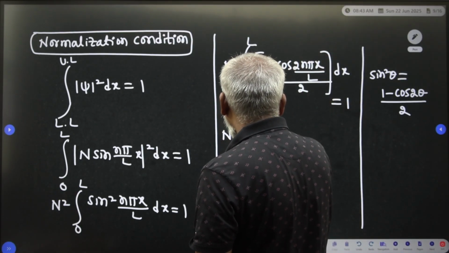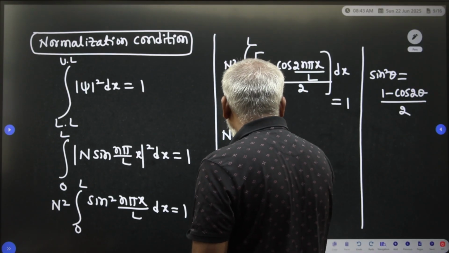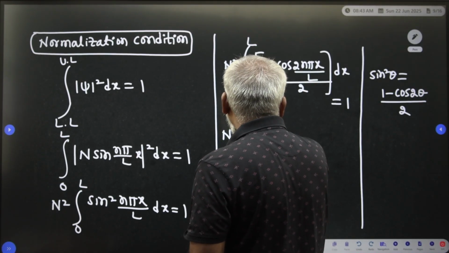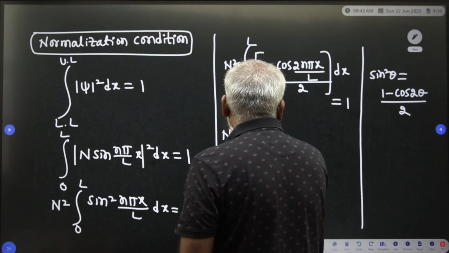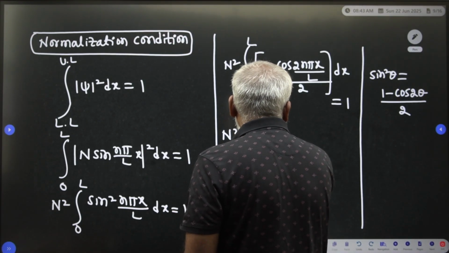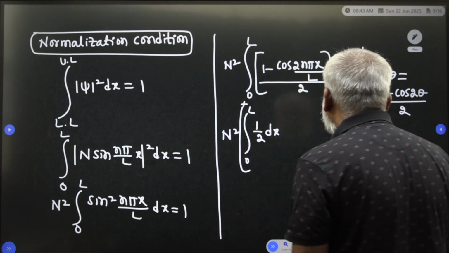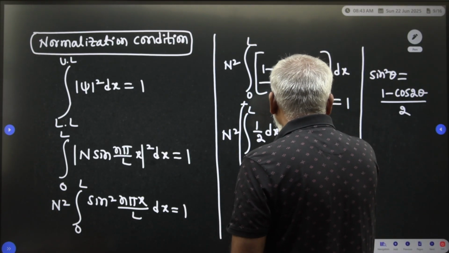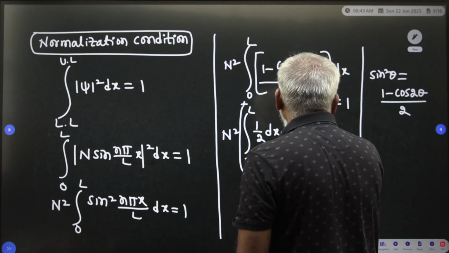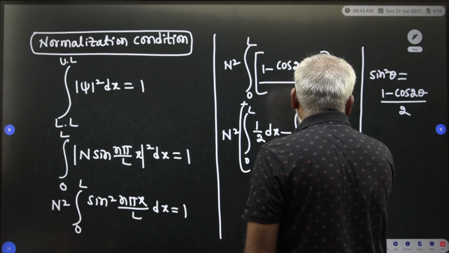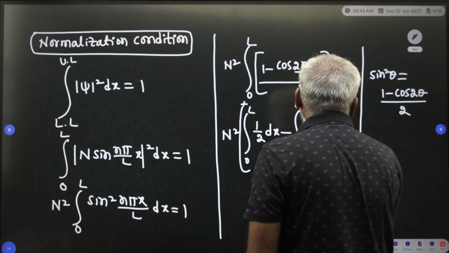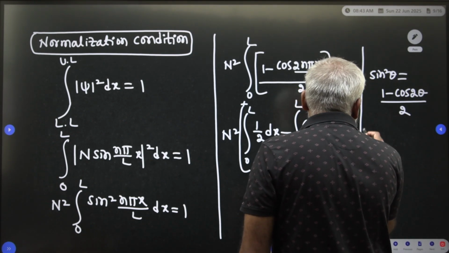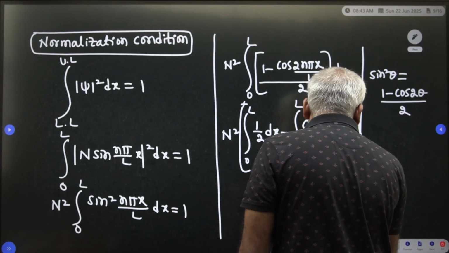So N square into integral 0 to L of 1 minus cos of 2 n pi x divided by L, all divided by 2, into dx is equal to 1. Now we get two integrations: N square into integral 0 to L of 1 by 2 into dx, minus integral 0 to L of cos of 2 n pi x divided by L into dx, equal to 1.